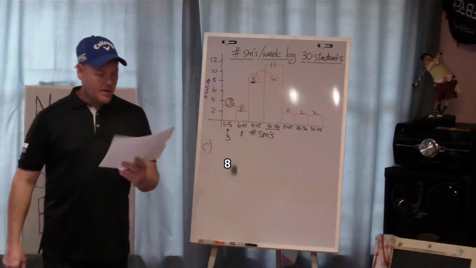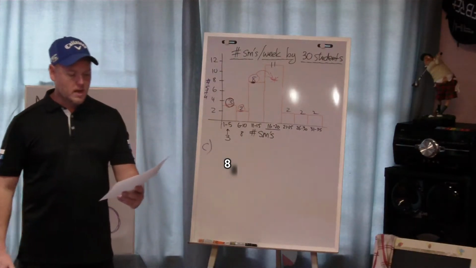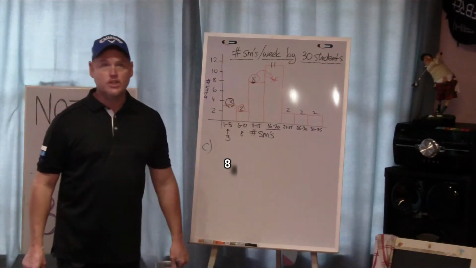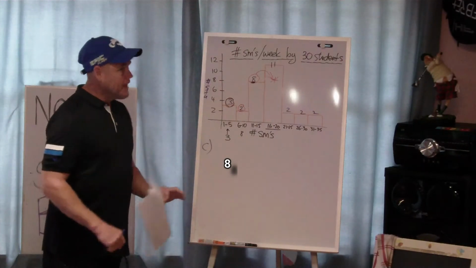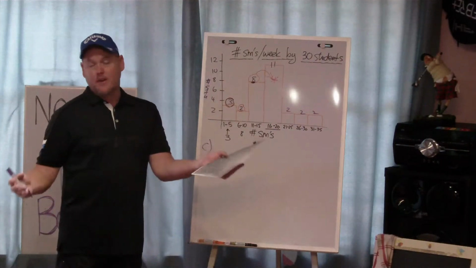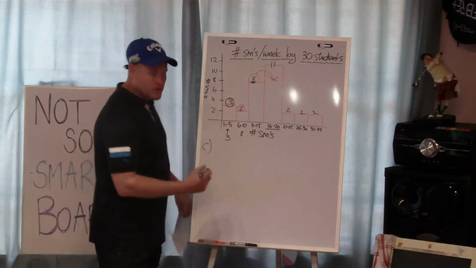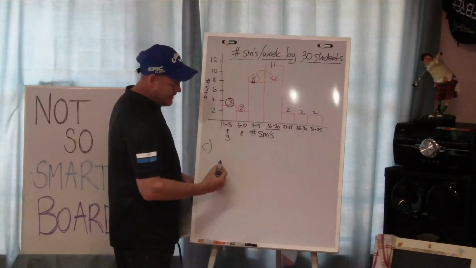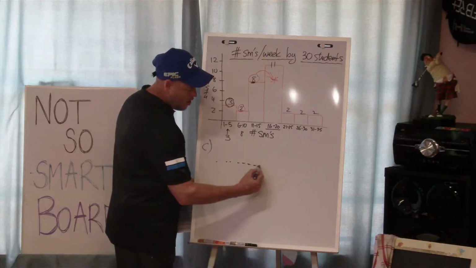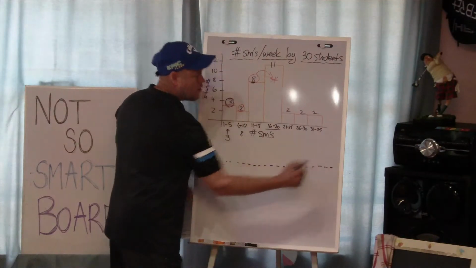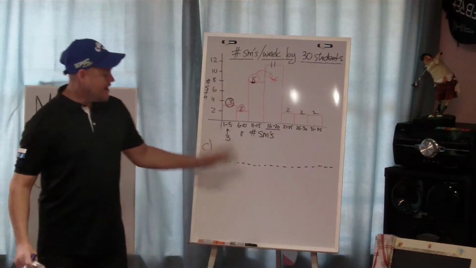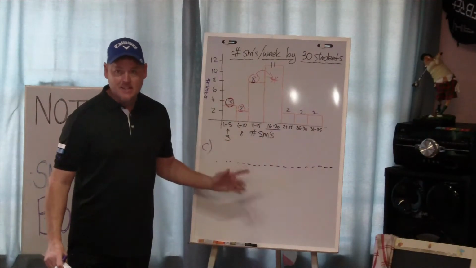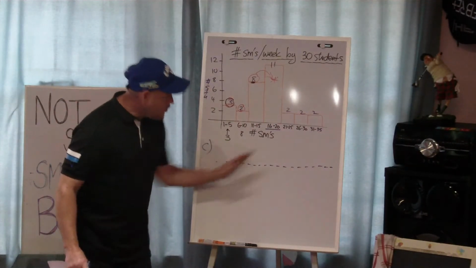Alright, now number C, estimate the lower quartile, upper quartile, and interquartile range. Okay, no problem. If you know how to find median, you can find these ones. So to make it very clear for you, let's imagine that here are all 30 students. These are the number of SMSs sent in order by the 30 students.